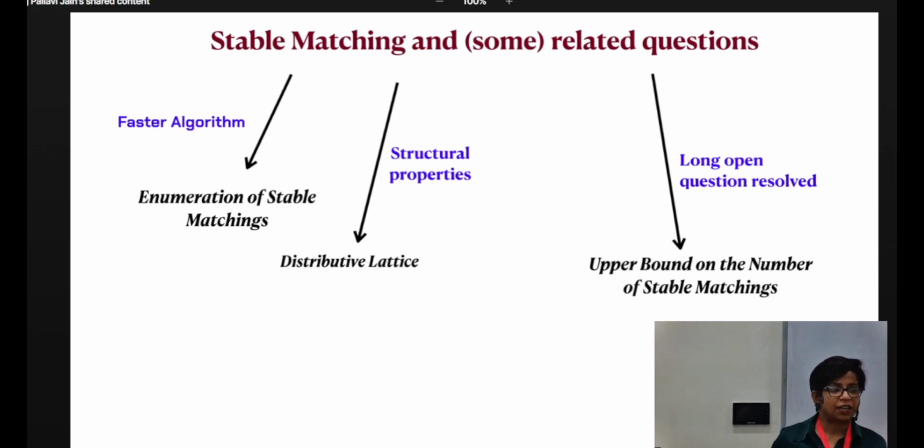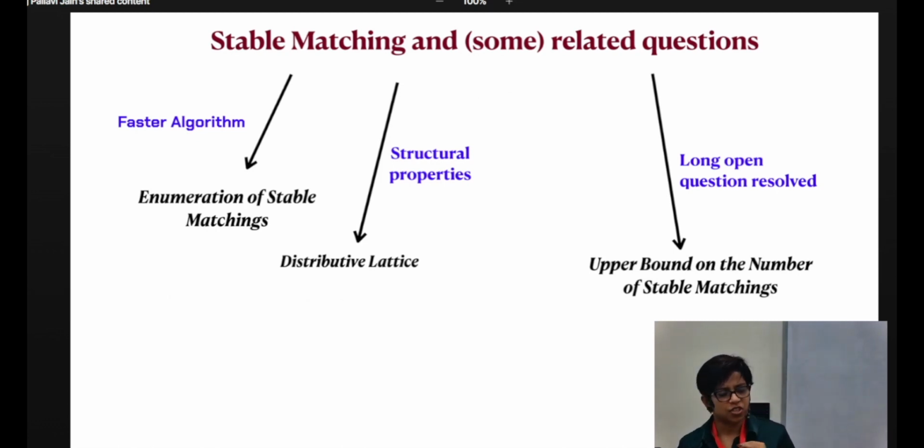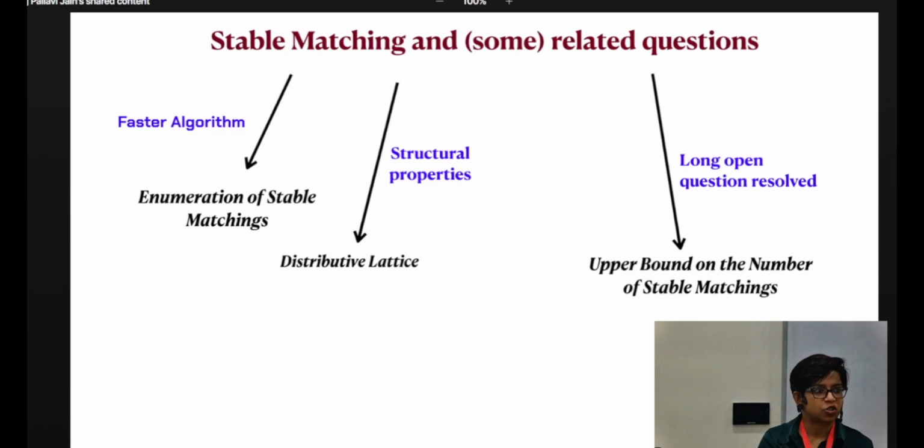And in 2018, in a beautiful paper that came out in STOC, the preeminent theory conference, it was shown that it's actually c power n, where c is some constant. They didn't optimize the c, but it's not n factorial, it's an exponential function in n. That was also done by understanding the mathematical object we'll talk about next.